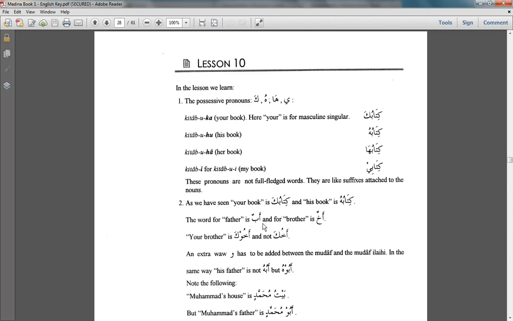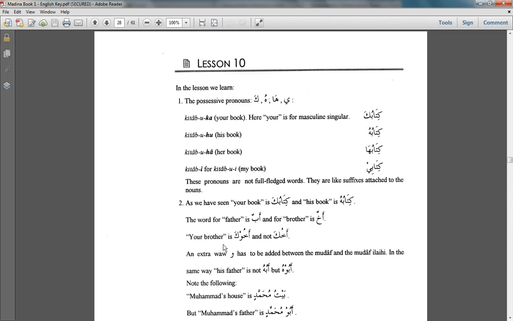But for now, remember that whenever you have a dhamir attached to the word abun or akhun, you would have to attach another letter between this noun and the dhamir.